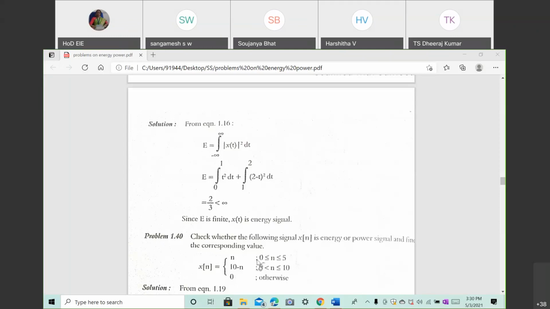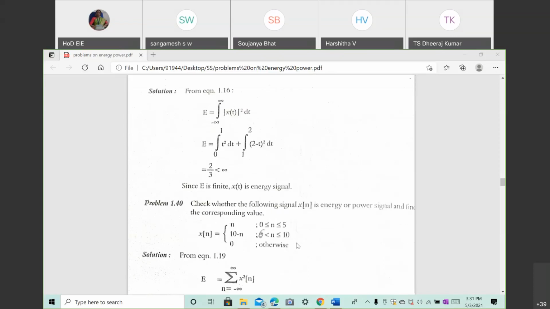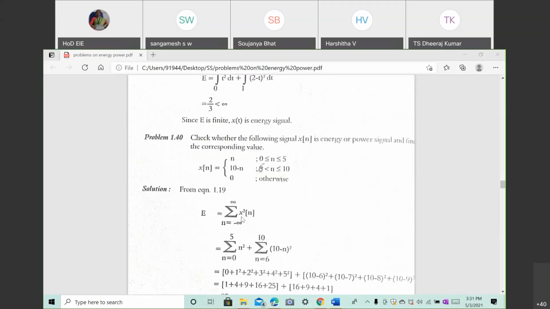Okay. And next you see here, it is a discrete signal x of n. It is equal to n for the range of n from 0 to 5, then for 6 to 10 it is 10 minus n, otherwise 0.